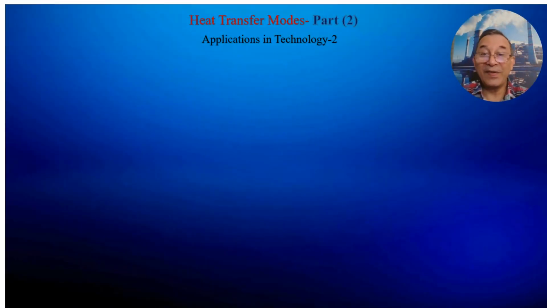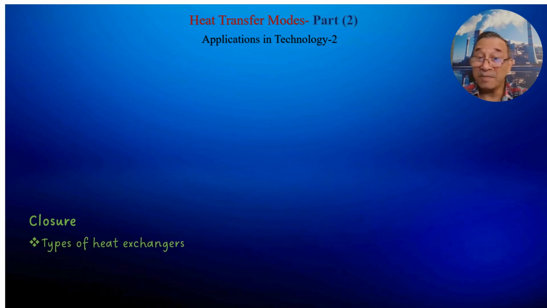Now we reached the last part of this video. We gave some applications and technology for heat transfer, and I think you have enjoyed this seminar. As a closure, we talked about different applications and types of heat exchangers: shell and tube, double pipe, air cooled, plate and frame, and immersion coils, which are used in industry.